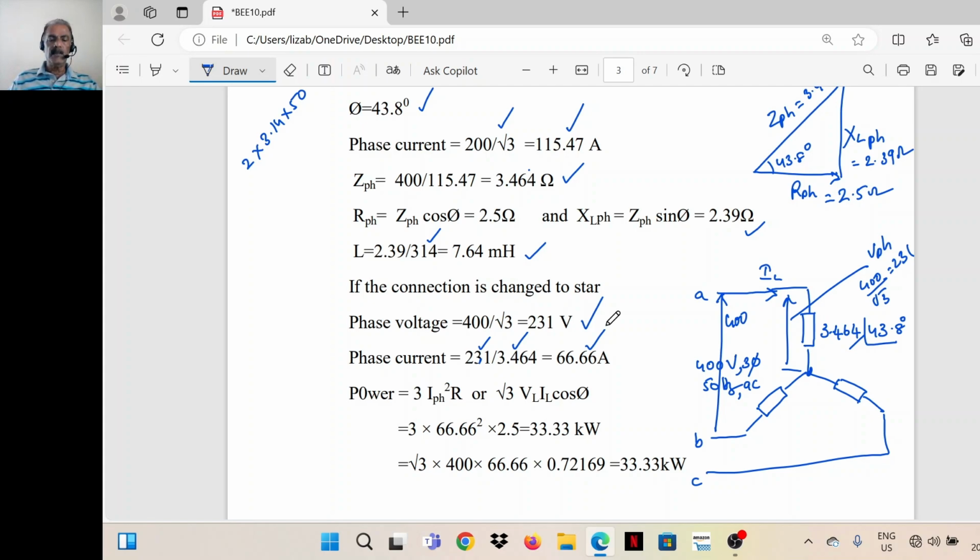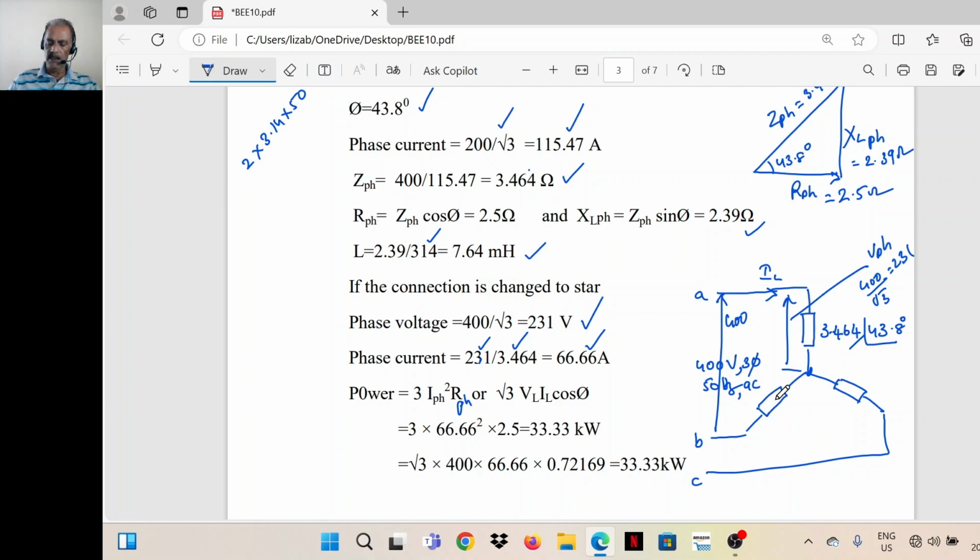So the power consumed by the star connected load can be found out using one of these equations, 3 I phase square into R phase, or root 3 VL IL cos phi. We'll try out both. Power consumed by any one impedance is I phase square into R phase.